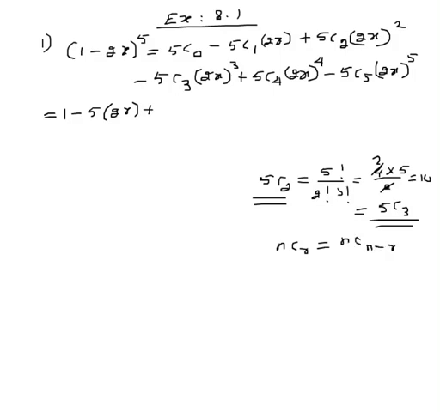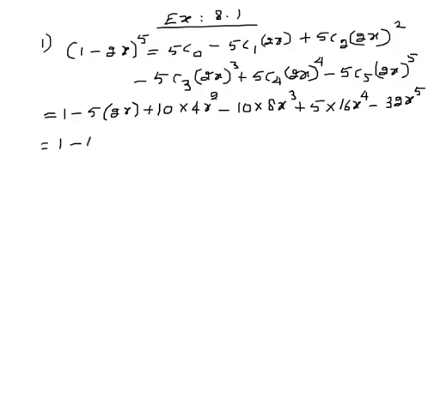5C2 answer is 10 into 2x the whole square, which will become 4x square, minus 5C3 is again 10, 8x cube, plus 5C4 is 5, 16x power 4, minus 5C5 is 1, 2 power 5 is 32, 32x raised to 5.